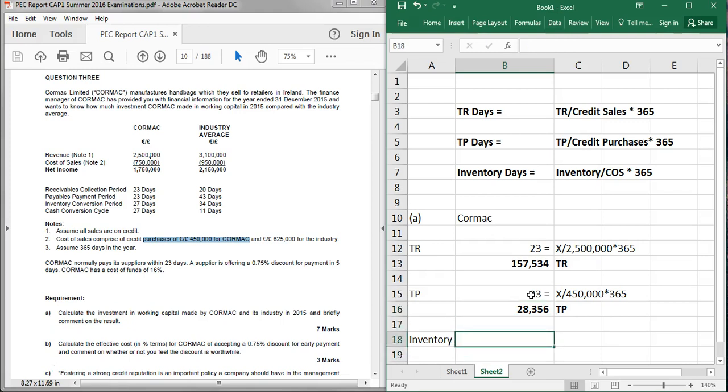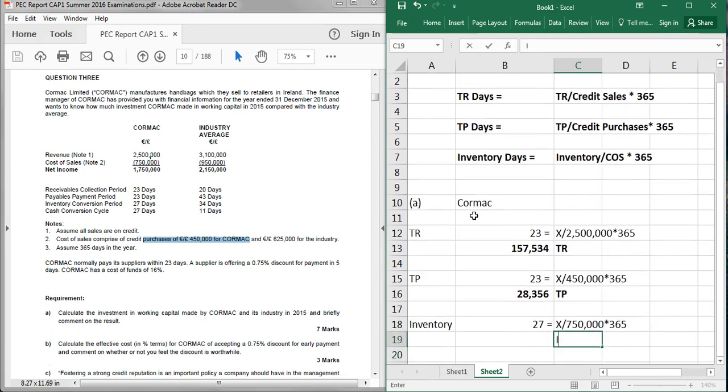Final one then is inventory, and we're saying it's 27 days. So 27 equals inventory, which we're trying to find out, divided by cost of sales, times 365. For inventory, we always use cost of sales. You never use credit purchases, because inventory is more related to cost of sales. Exact same approach as before.